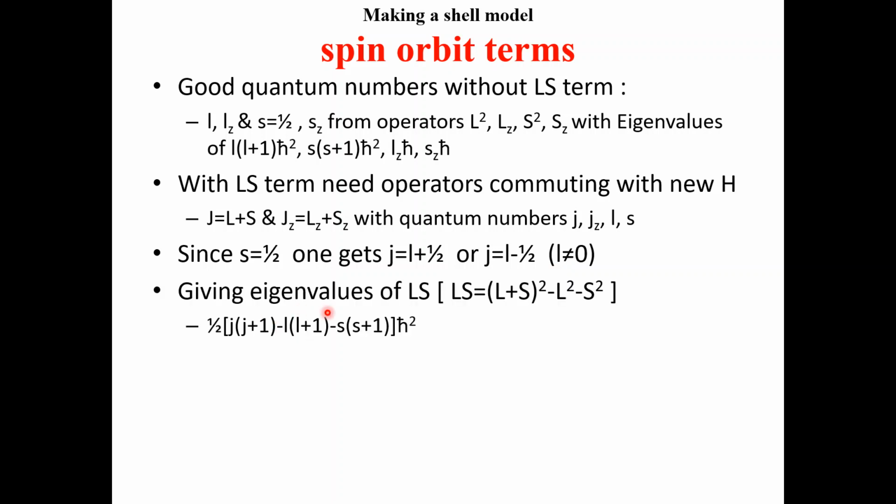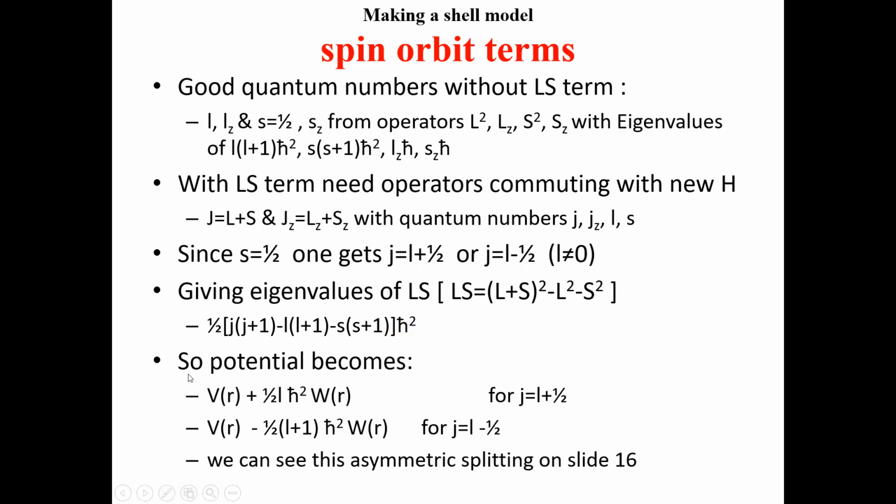So giving eigenvalues of L·S, we can get L·S equal to (L plus S) whole squared minus L squared minus S squared. It leads to 1 by 2 into J into J plus 1 minus L into L plus 1 minus S into S plus 1, whole multiplied by h-bar squared. So by doing all these discussions, we get the values for the potential, which is V plus 1 by 2 L h-bar squared W for the condition J equal to L plus 1 by 2, and minus for J equal to L minus 1 by 2; the potential becomes like this.